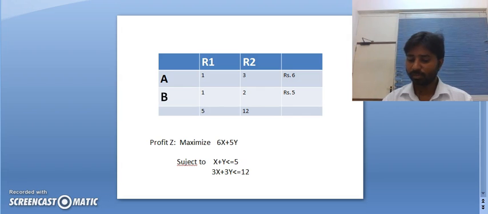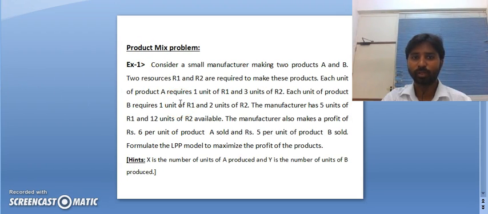Also, since the person wants to maximize the profit, the function Z is to be maximized. So this is the formulation: maximize 6x plus 5y subject to x plus y less than or equal to 5 and 3x plus 2y less than or equal to 12, with x and y greater than or equal to 0. This is the formulation of a linear programming problem from the product mix problem.